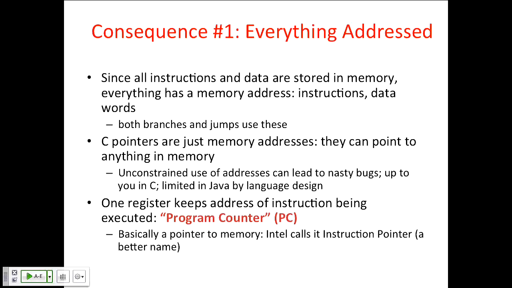Now, the thing to remember is MIPS is a byte-addressed machine, so every byte, every 8 bits, has a unique address. And instructions, though, are 4 bytes long. But one restriction we put on instructions to make it easy to build the hardware is those instructions have to be 4-byte aligned. So they can only start on byte addresses that are multiples of 4. So you can have an instruction starting at address 0, 4, 8, 12, 16, but you cannot have an instruction starting at address 3. That just wouldn't work. That'd make it too hard to build the hardware.